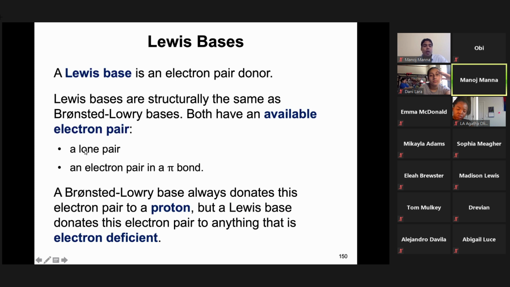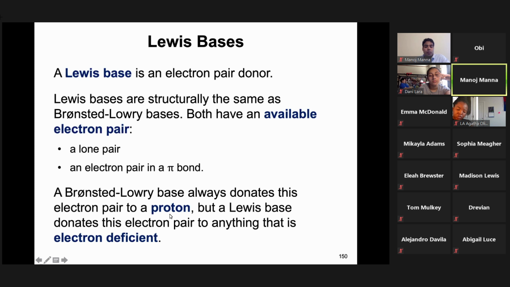Either you have a lone pair of electrons on a nitrogen atom or an electron pair in a pi bond, those act as Lewis bases. The Bronsted-Lowry acid is the proton donor, right? Bronsted-Lowry base, proton acceptor, right? Sorry.